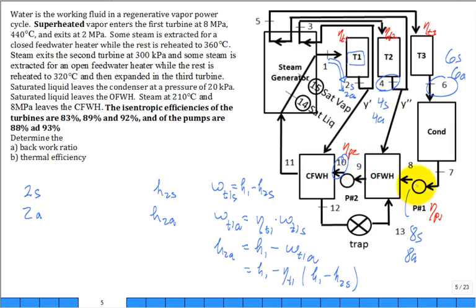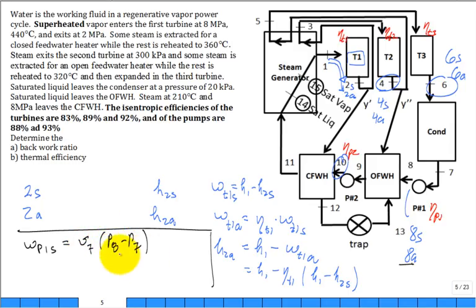So let's take a look at the equation for 8. So we had 8 here. I'm just going to try and tuck it in down here. We had the work for pump 1 isentropic was V of 7 times P8 minus P7. True? All right. What is the work pump 1 actual? That divided by the efficiency, not multiplied by the isentropic efficiency, isn't it?